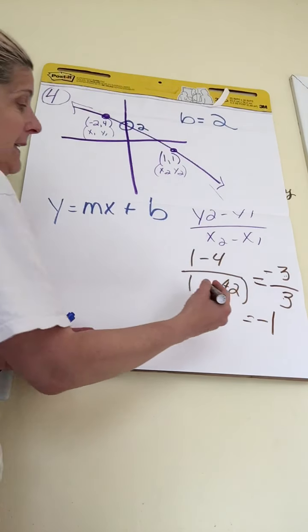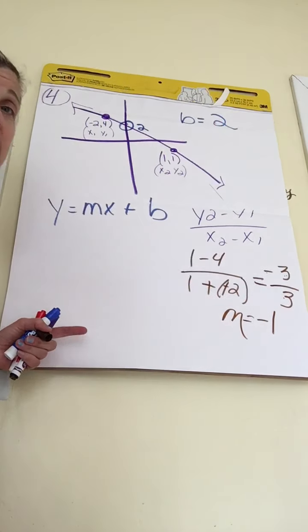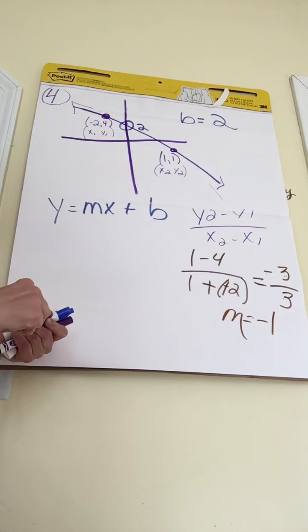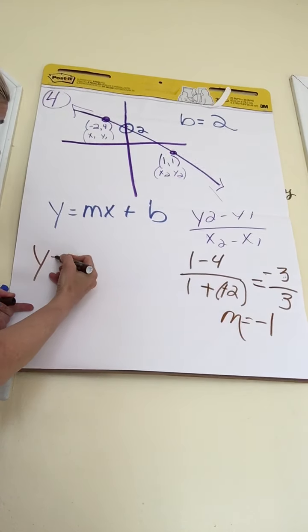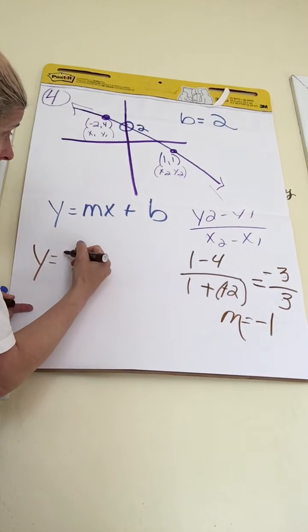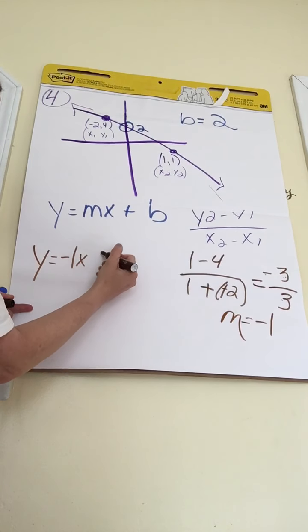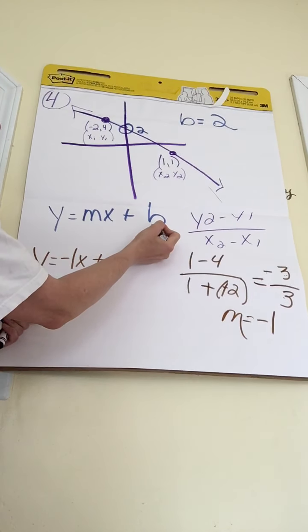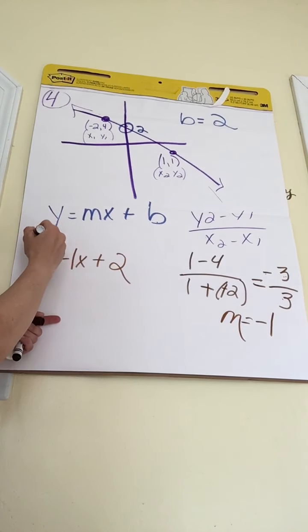So here's my slope. There's my y-intercept. Now I can write my function rule. Y equals mx plus b. Y equals my slope, -1x, plus my y-intercept, 2.